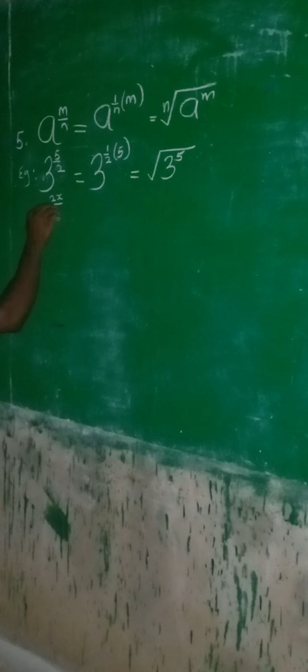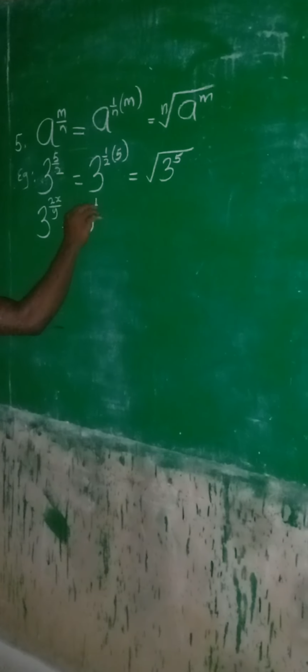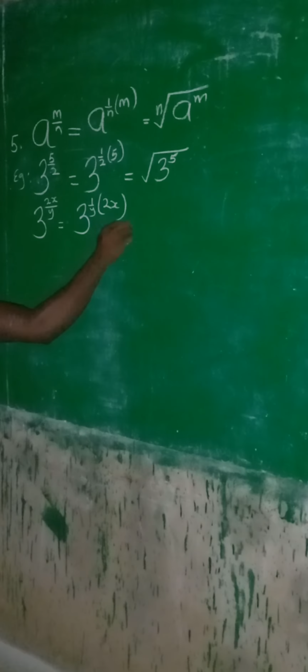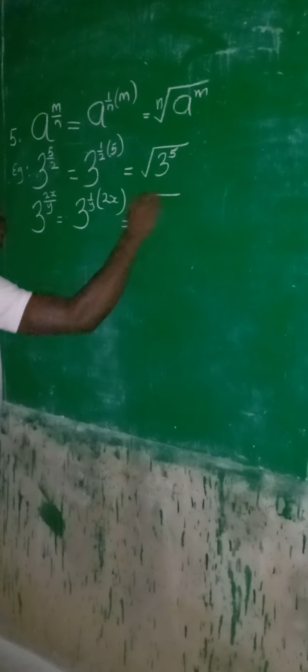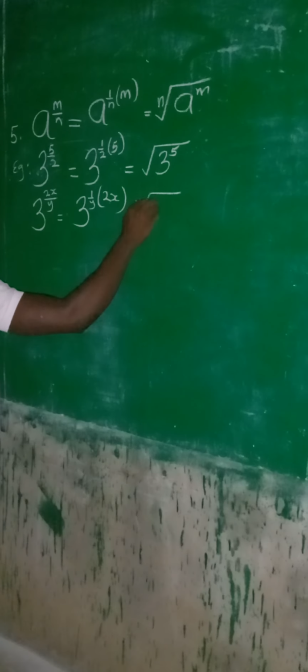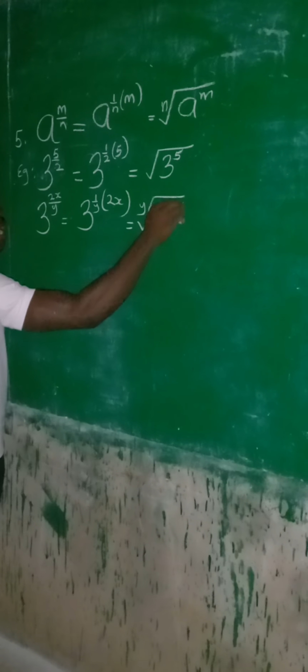This is what you are going to get. Or let's say we have 3 to the power 1 over y times 2x, which is going to give us the y-th root of 3 times 2x.